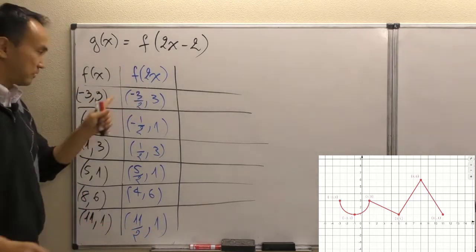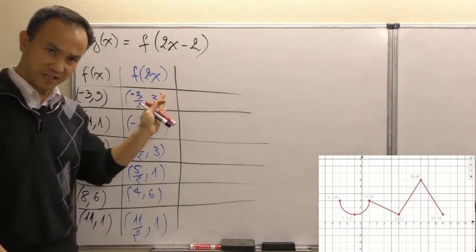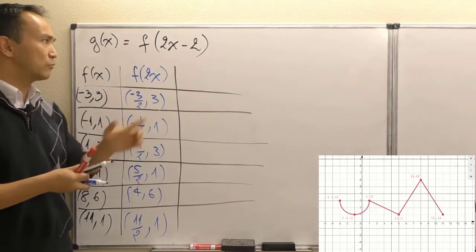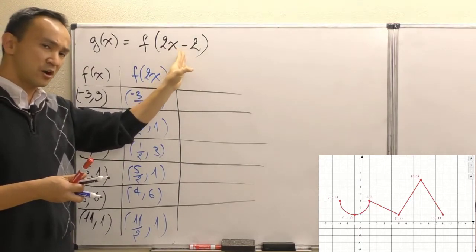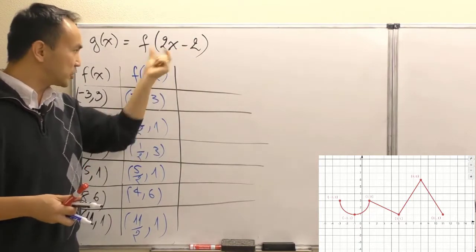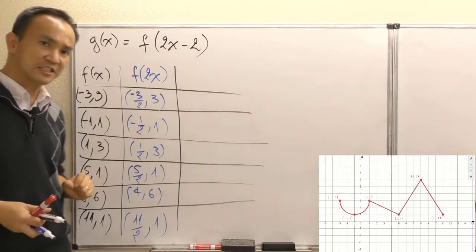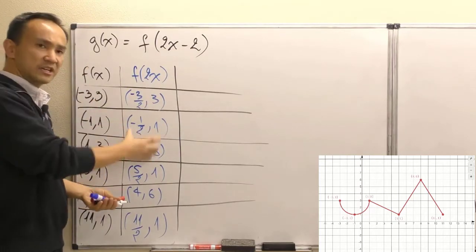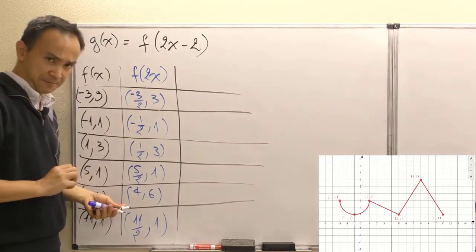All right, but that's not our completion point, because we need one more step that shows when we subtract 2 from the 2x right here inside the parentheses of our parent function. So that rings a perfect bell that we're not done yet.